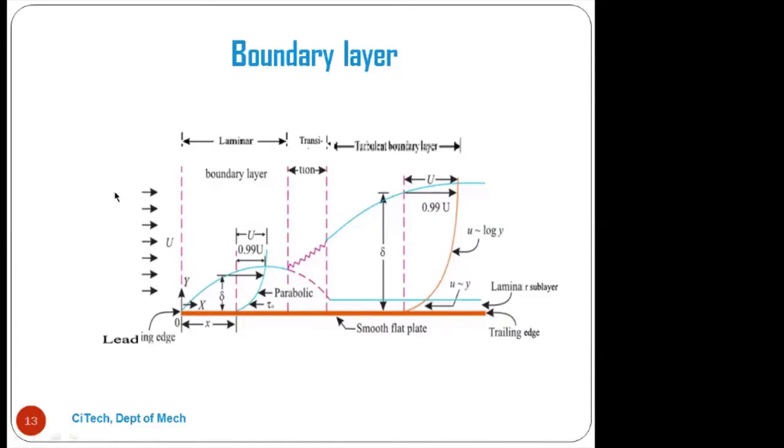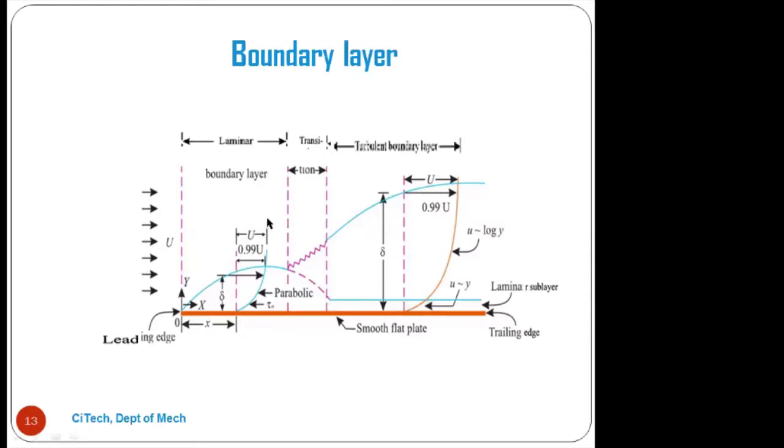If the fluid is flowing with the velocity u, the first region is where laminar flow occurs.